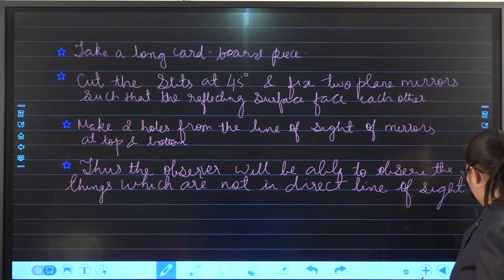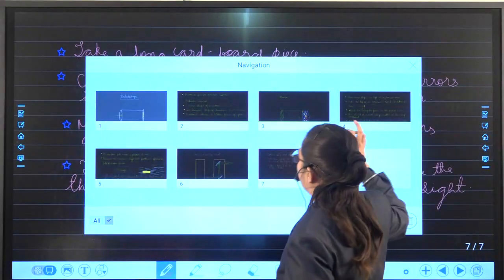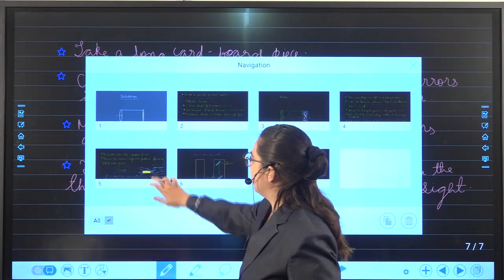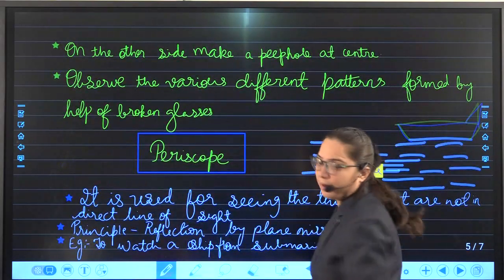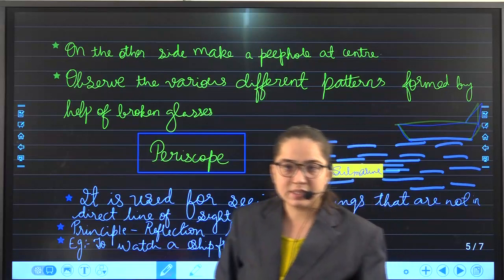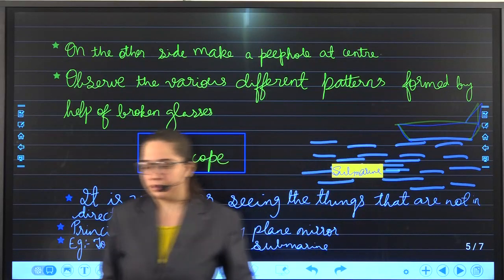Okay, now let us note down this content about the periscope. Note down the content, then we'll move further.